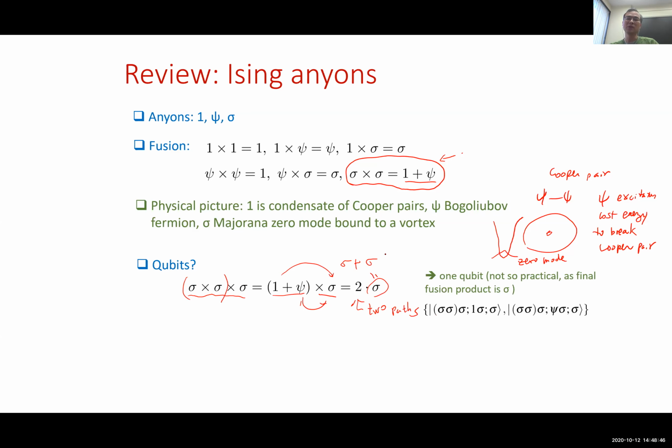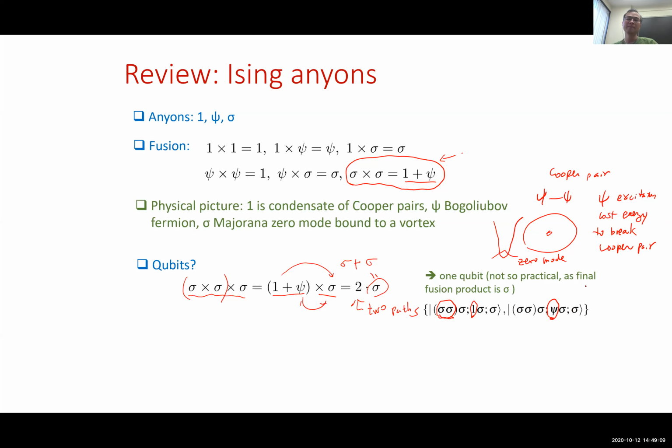So then we can use these two possibilities. The first two sigma-anyons fuse to identity, or fuse to a fermion, and then finally both fuse to sigma at the end.